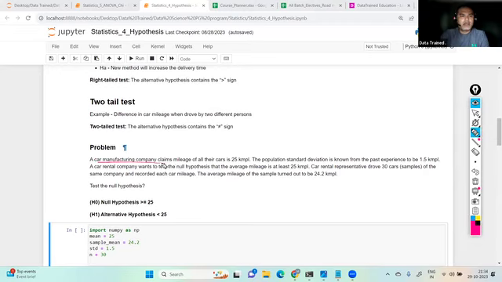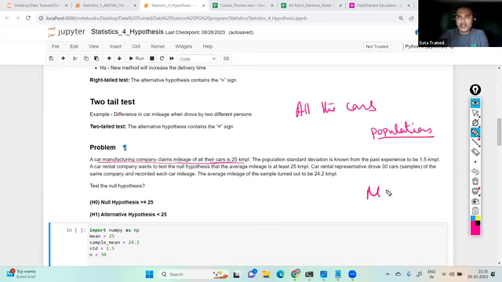A car manufacturing company claims that, let's say Honda or maybe Hyundai, any company, they claim that the mileage of all their cars is 25 kilometer per liter. When they say all the cars, they have manufactured maybe lakhs of cars together, which means they're talking about the population.